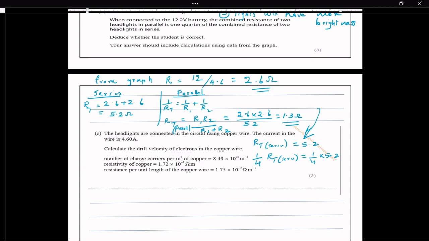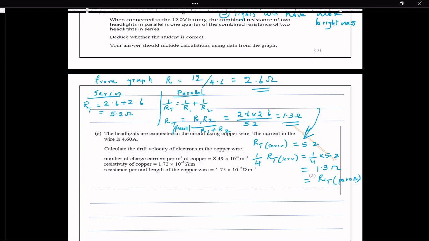It is 5.2 over 4, which is giving an answer of 1.3. Yes, so this is giving an answer of 1.3 ohms, which is same as RT parallel.